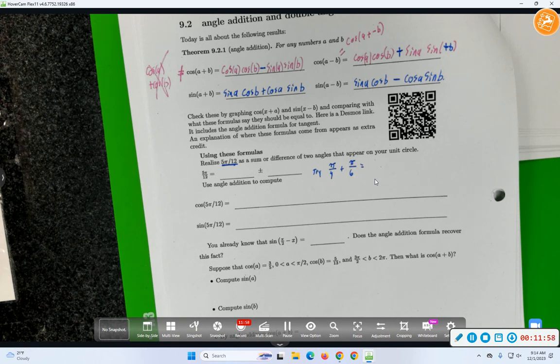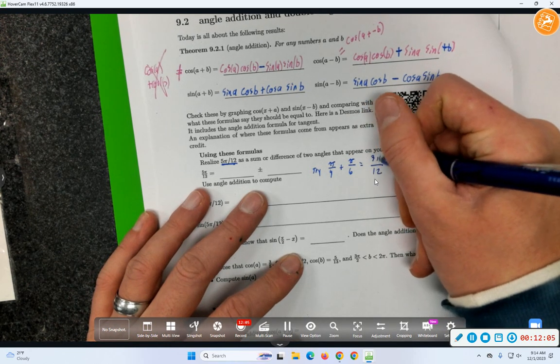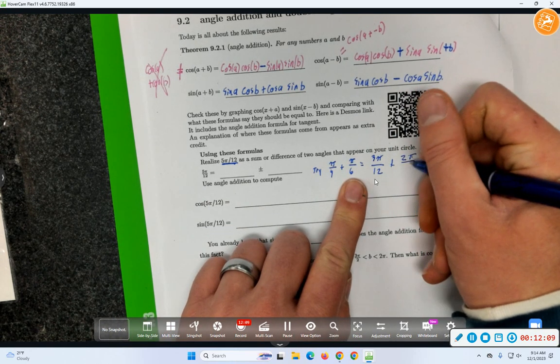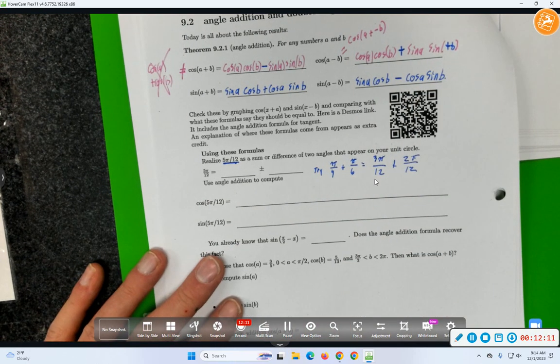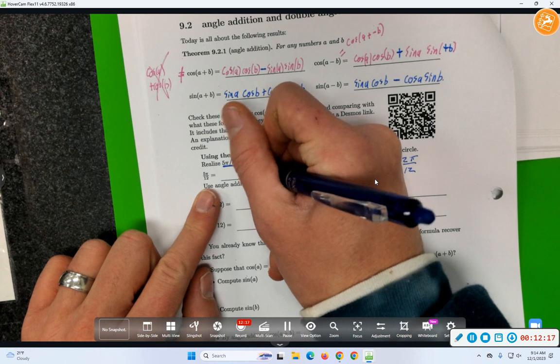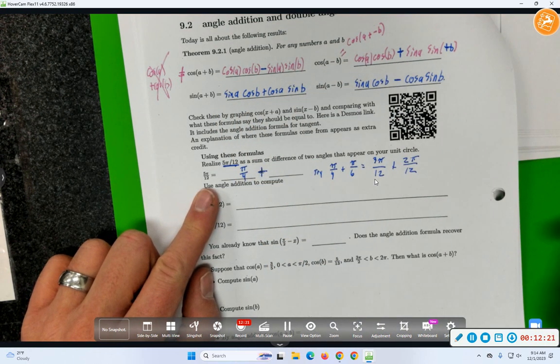So 12. 12 is 4 times 3, so that's 3 pi over 12 for the pi over 4, plus 2 pi over 12. Oh, neato, is that 5 pi over 12? Awesome, let's use that. So 5 pi over 12 is equal to pi over 4 plus pi over 6.